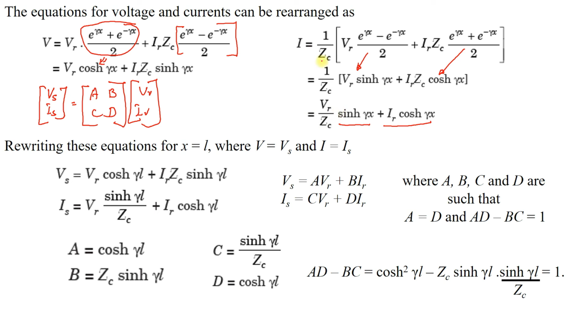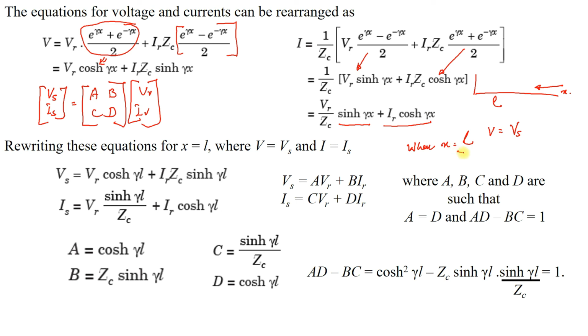And if you input the initial conditions, when x is equal to L, that is, we are measuring the distance x from the receiving end. So when x is equal to L, the length of the transmission line, V will be equal to Vs, the sending end voltage.